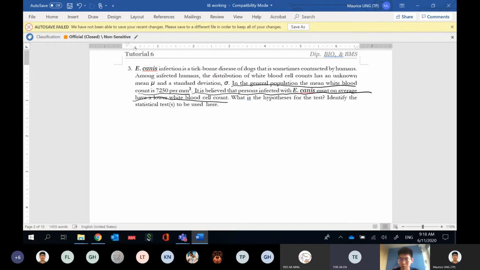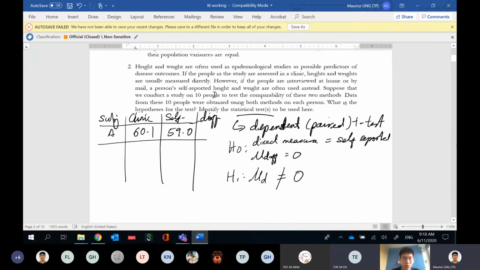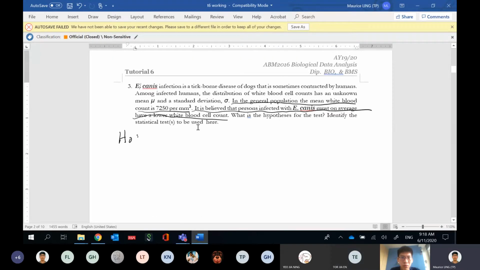Null hypothesis will be mu D equals 0. Where do you get your D from? What minus what gives you a D? In question 2, you have clinic minus self that gives you the D. But in this question, what minus what gives you the D? Don't have. Don't have then.